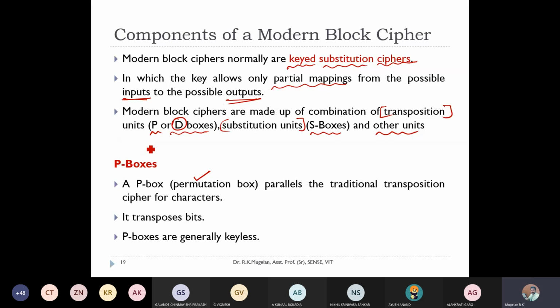If I say S-box, then it's going to perform a substitution cipher, because modern-day cryptographic techniques have combinations of both P-boxes, S-boxes and other units. A P-box is a permutation box which performs a traditional transposition cipher of characters. It simply changes the positions alone, and these P-boxes are generally keyless transposition ciphers.